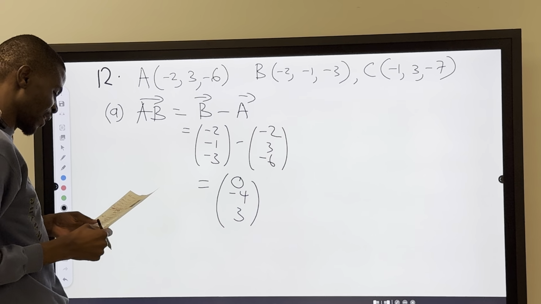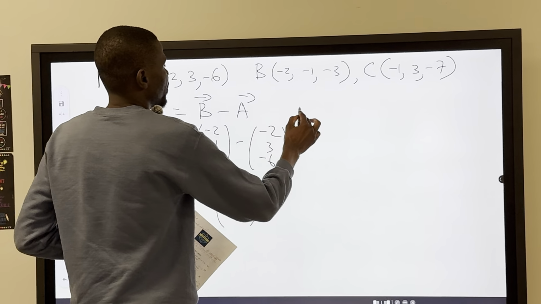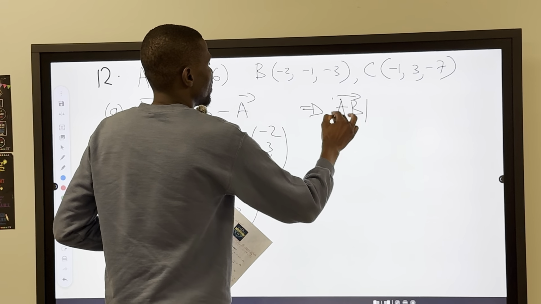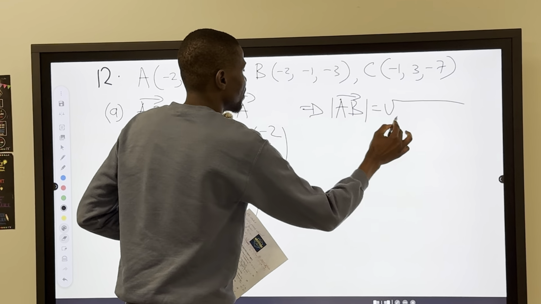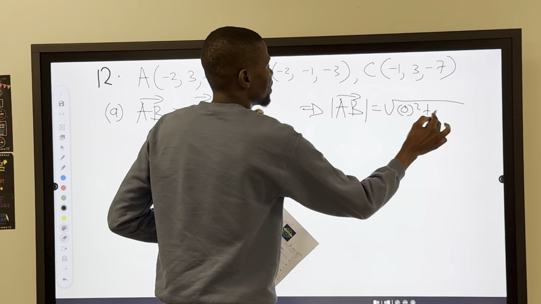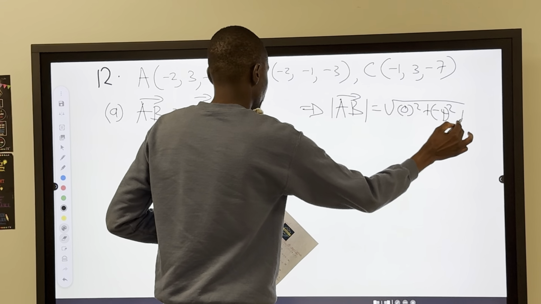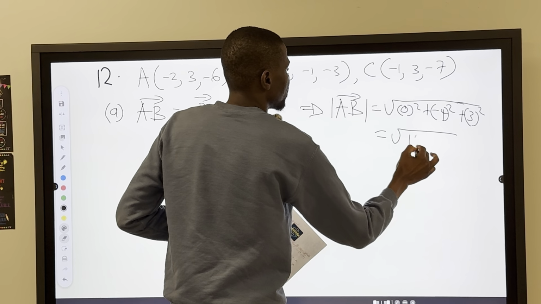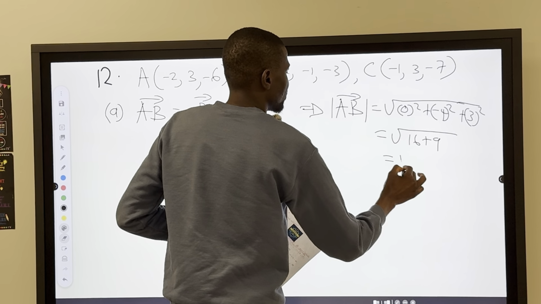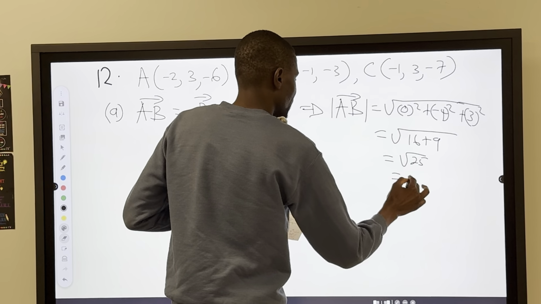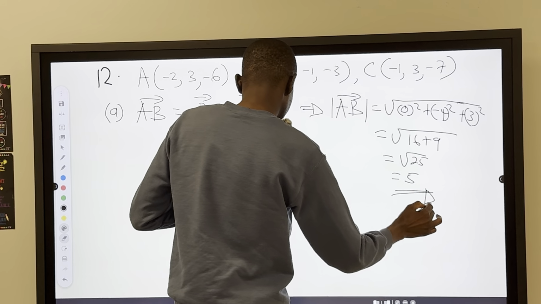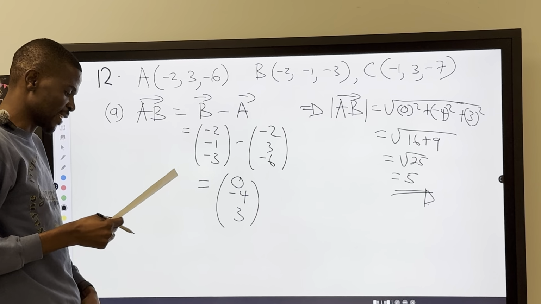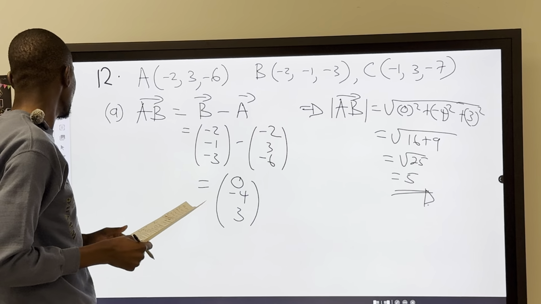So this implies that the modulus of AB is equal to the square root of 0 squared plus (-4) squared plus 3 squared, which is equal to the square root of 16 plus 9, which is the square root of 25. So here the distance is 5. Right, the distance is 5. So we are done with part A.